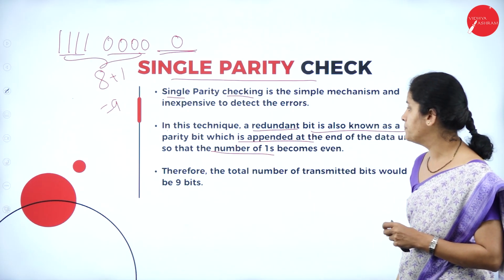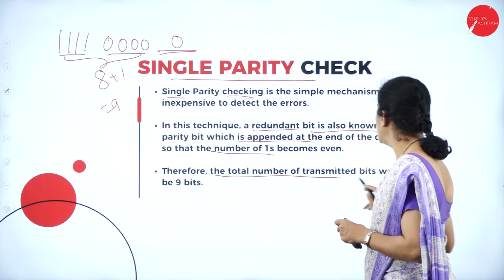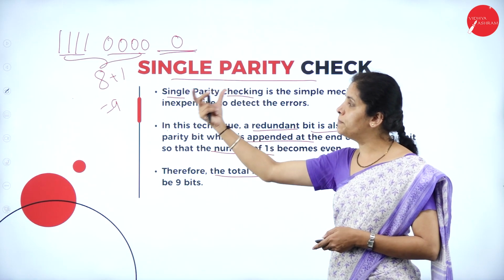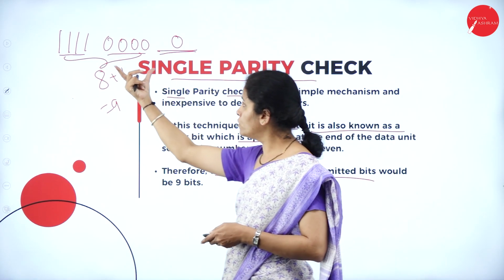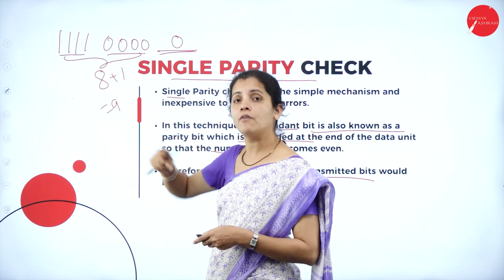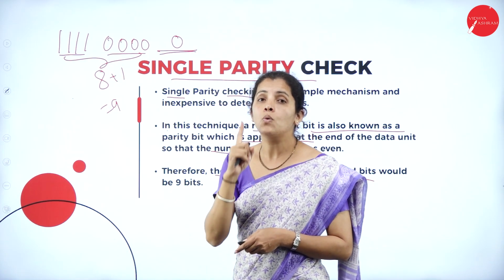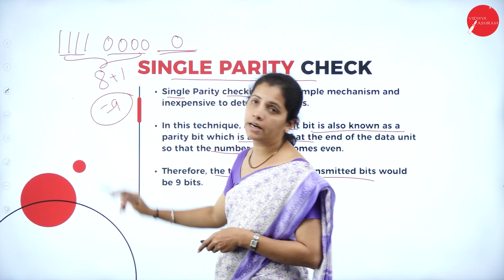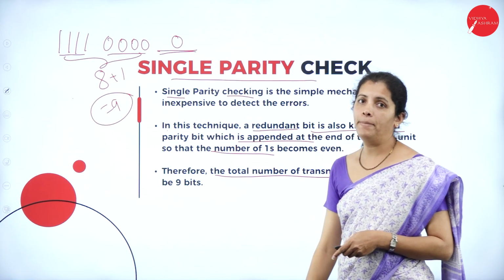Therefore, the total number of transmitted bits is 9. Actually I have 8 bits of data, and for that I add 1 parity bit. Now the total length of the data here is 9 bits.